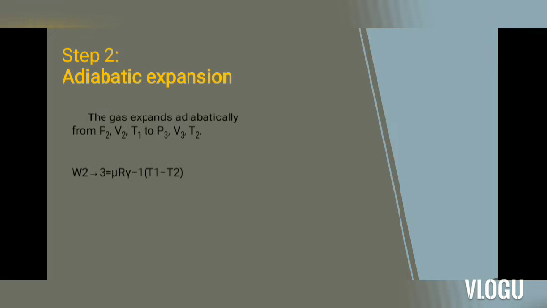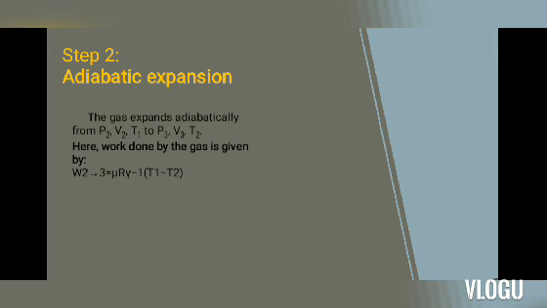Step 2, the adiabatic expansion. The gas expands adiabatically from pressure 2, volume 2, temperature 1 to pressure 3, volume 3, temperature 2. It means the cylinder is then sealed and perfectly insulated, so no further heat is supplied or lost from the working substance.